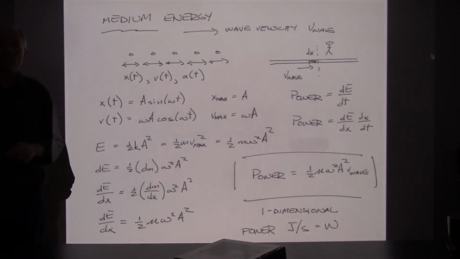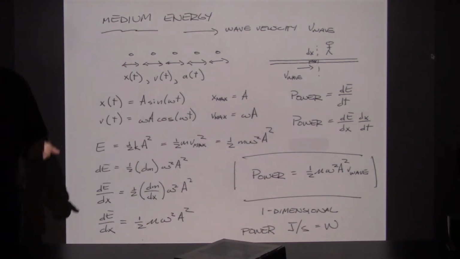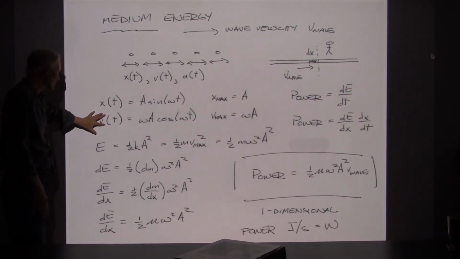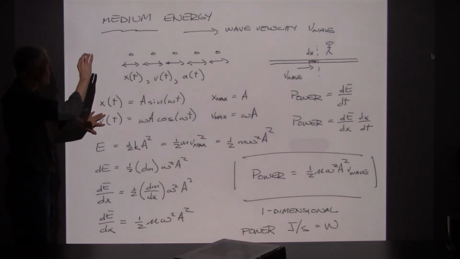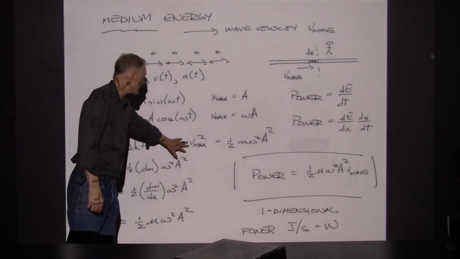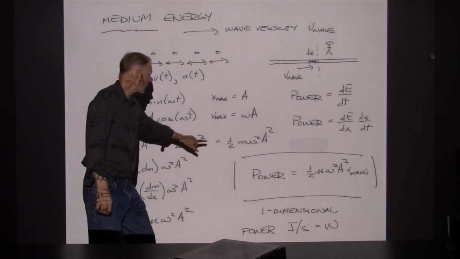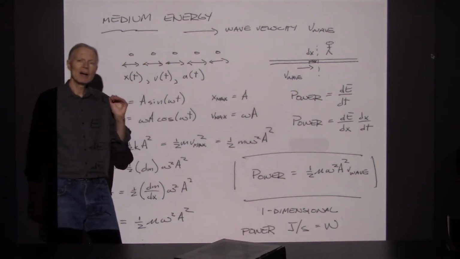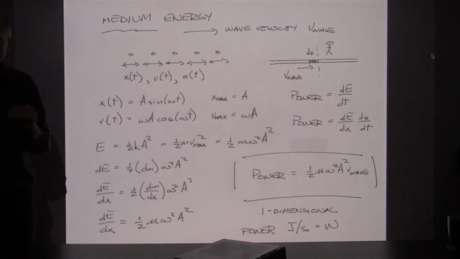It actually turns out that with waves, it's easier to do energy calculations working in terms of how fast individual pieces of the medium are oscillating back and forth. So that would be 1/2 m v max squared. That would be 1/2 m omega squared amplitude squared. And we're going to be able to visualize what's going on with that.